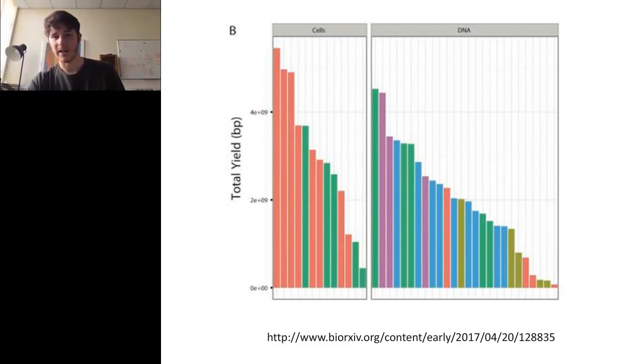In the best case scenario, we were getting 4 × 10⁹ bases, which is 4 gigabases, which is approximately 1 times the human genome, slightly more than once. It's also equivalent to about 1,000 times reading a typical bacterial genome.